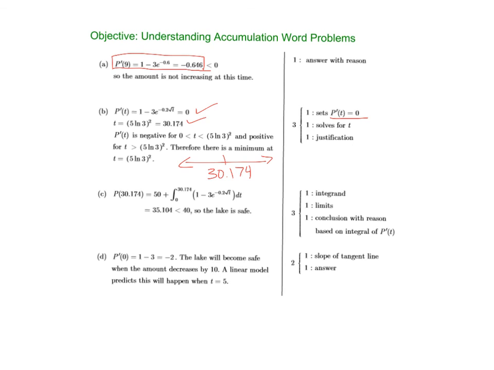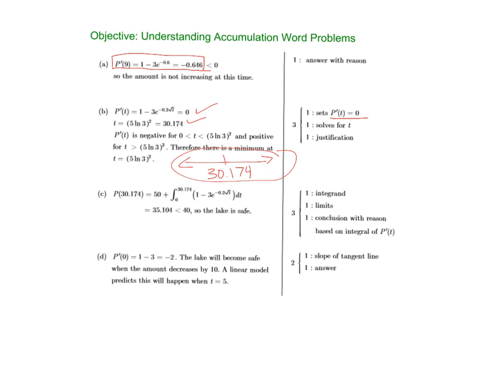I mean, you could plug in 10 because you have a calculator. You can plug in 40, see what you get. I just think it's awkward to use the first derivative test. But remember, you're not allowed to actually use the number line. You have to say it's negative when you're less than 30.174, positive, which means it's a minimum.